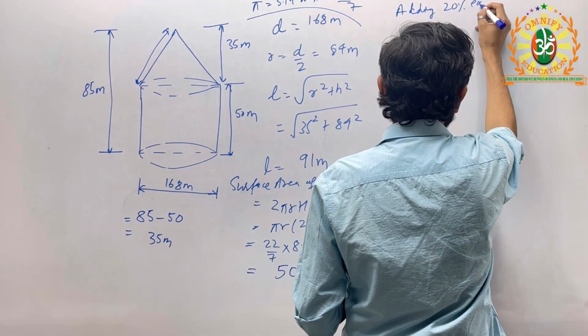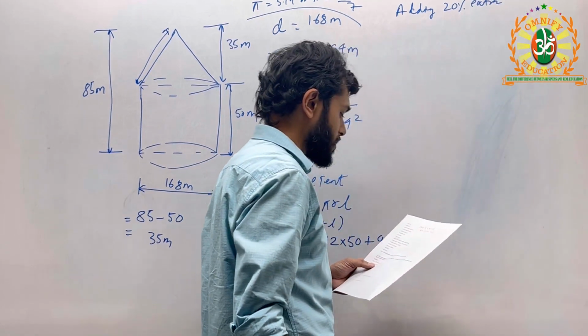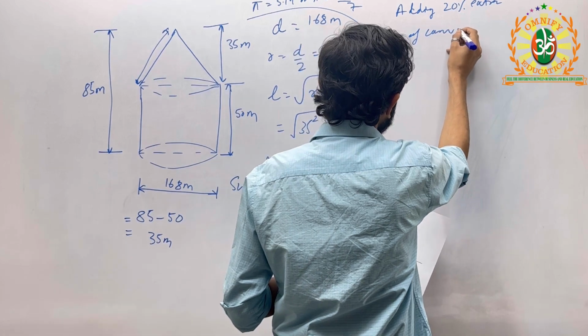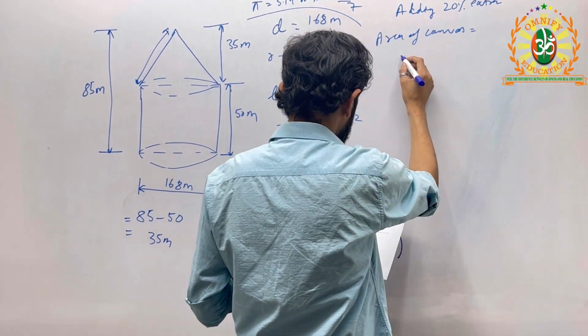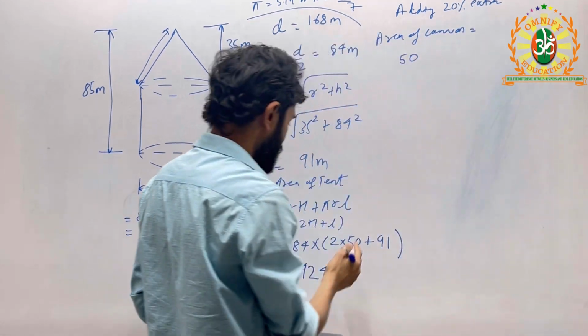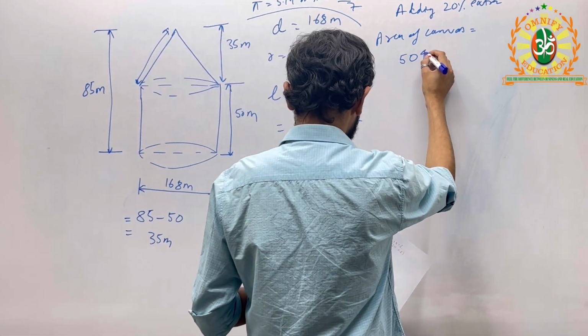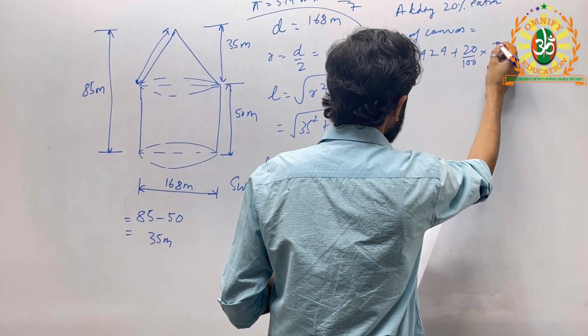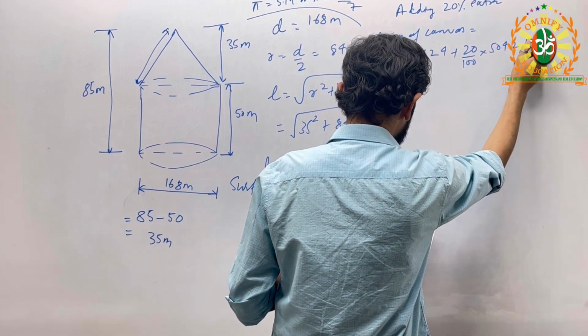Now coming to the second part of the question, it said that you have to add 20% extra for the folds and stitches. So the area of the canvas would be the surface area of the tent, 50424, plus 20% of 50424.